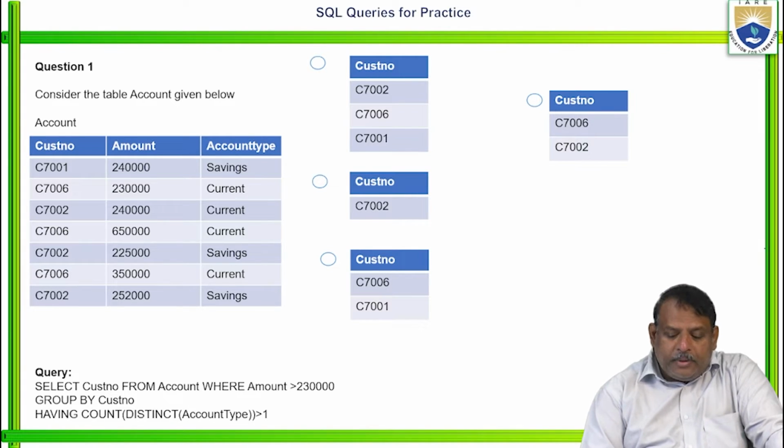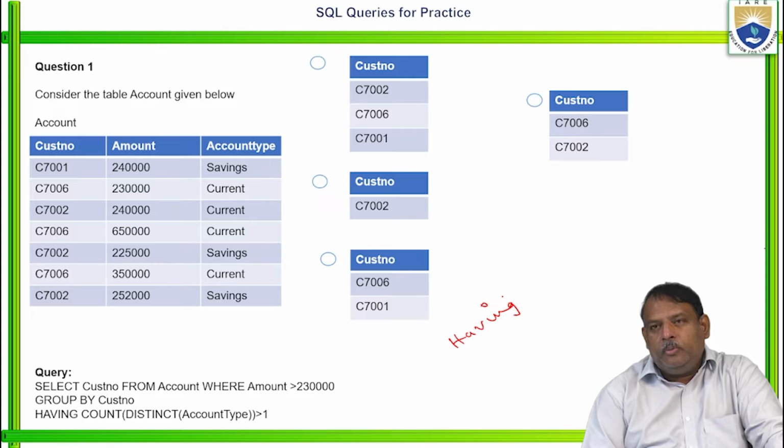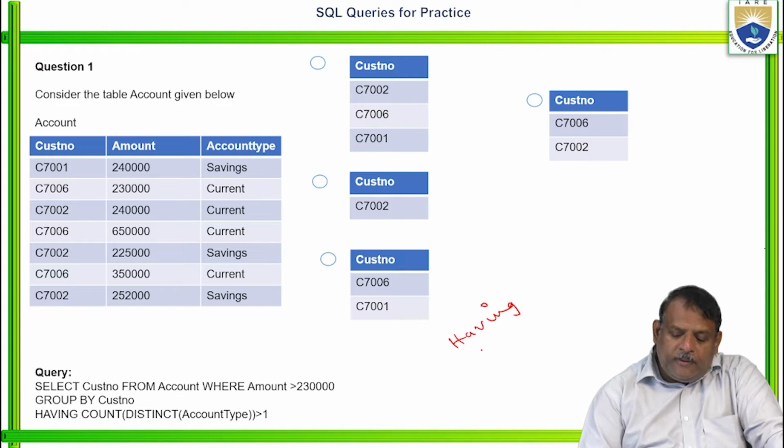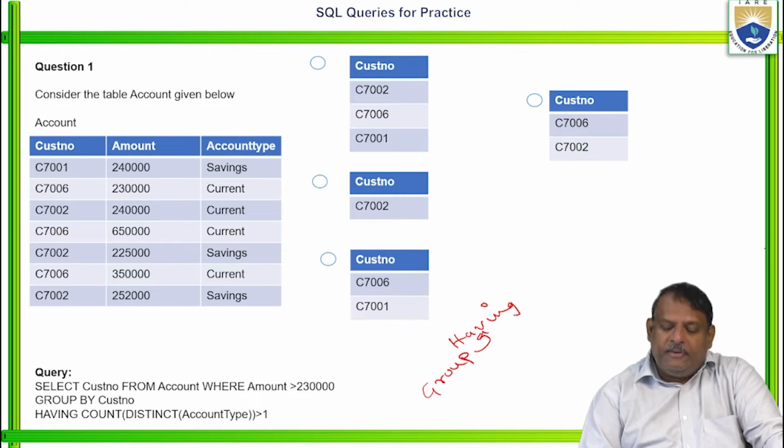Again, the having clause is used to reduce the number of groups. We want to filter the groups data, so we have to use the having clause. So for group by data, if you want to minimize it, you have to use the having clause.